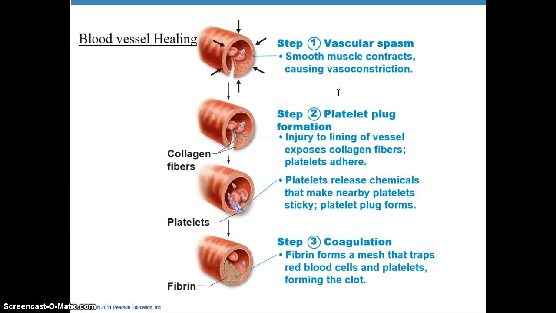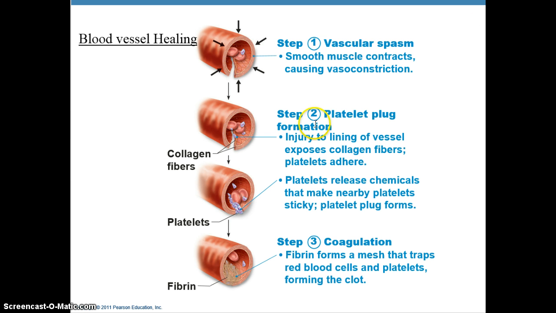There are 3 steps to it. The first, as it says here, is vascular spasm. Smooth muscle will contract, causing vasoconstriction. So the smooth muscle in the tunica media constricts, shuts down or reduces blood flow through that wounded vessel so you don't get as much bleeding out.